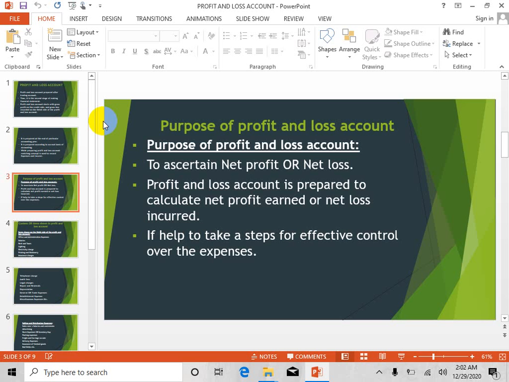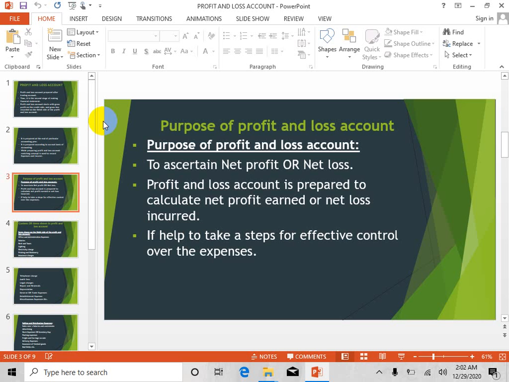If our business is going to earn more and more profit, we calculate the net profit earned or net loss incurred. If we earn net profit in the company, at that time we record net profit on the credit side of the profit and loss account.